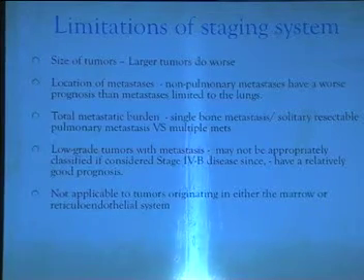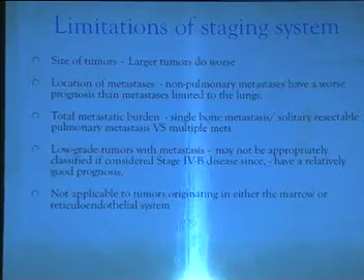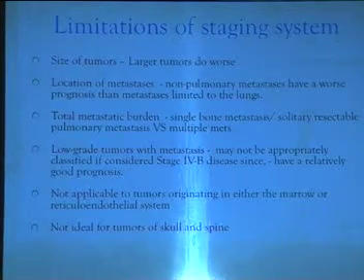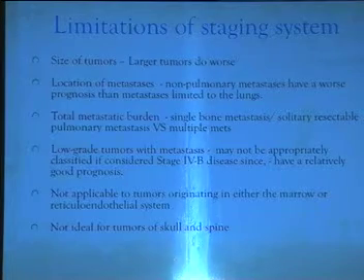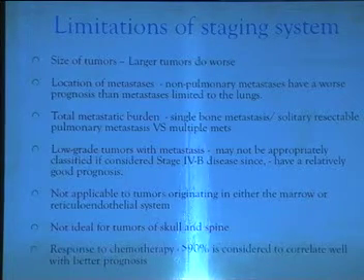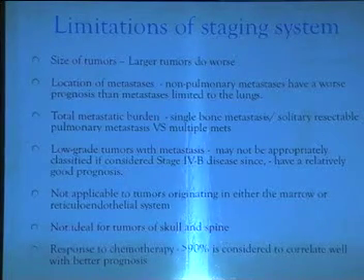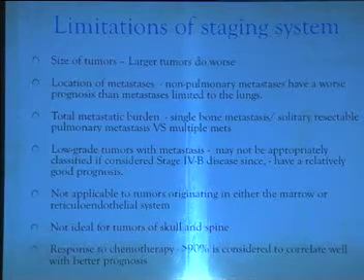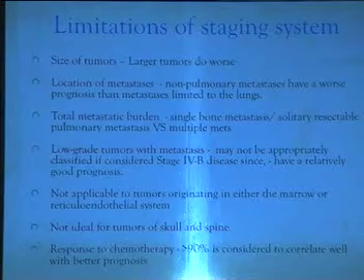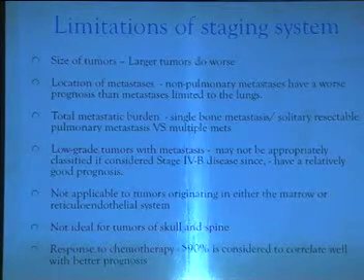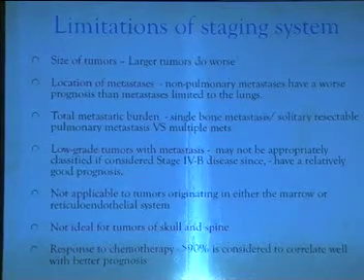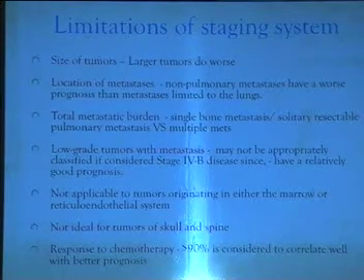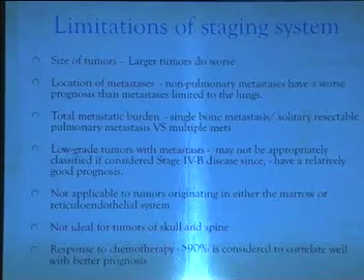This classification system is not applicable for the tumors which are originating in the marrow and reticuloendothelial system, and of course not ideal for the tumors of the skull and spine, because the anatomical barriers are not the same. Last but not the least, these systems do not include the prognosis depending upon the adjuvants used in the treatment. We all know that the patients who respond better to chemotherapy have fairer survival as compared to the patients who do not, and that has also not been included.